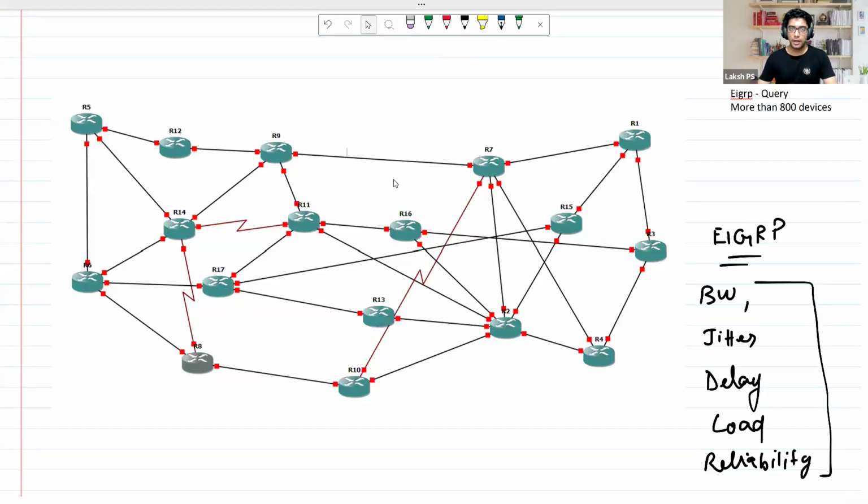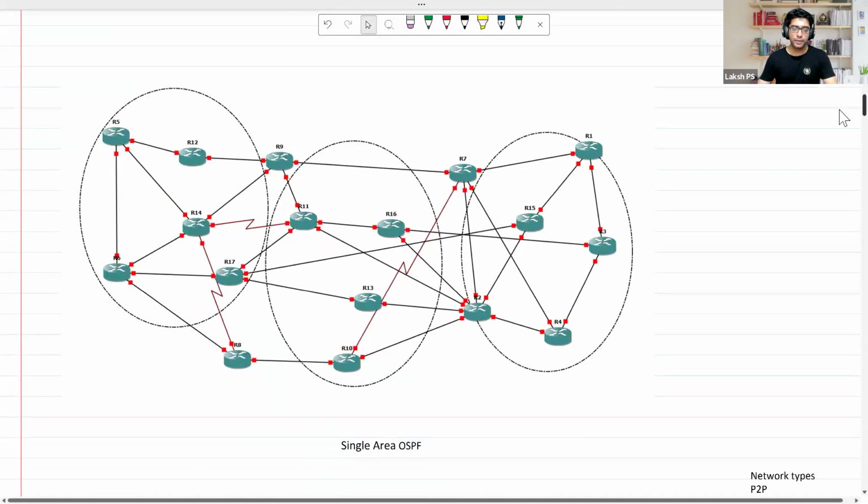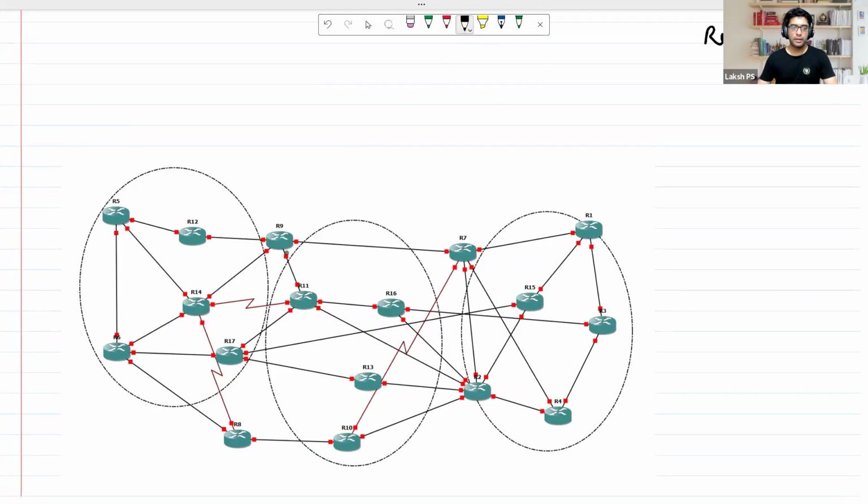Right. Now, how is OSPF going to solve this problem? As I said, in OSPF you can divide your whole network into smaller regions, and that region is called an area. Now with this area, what is the advantage?